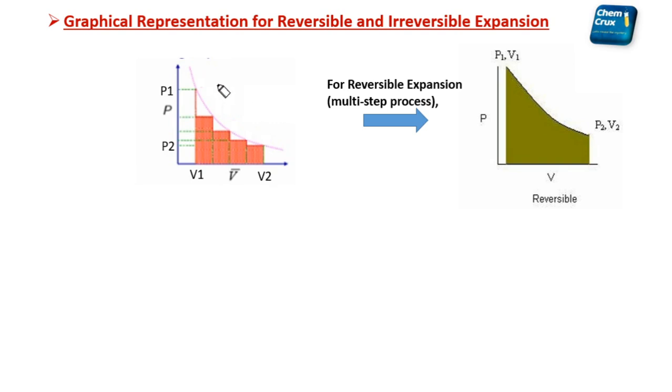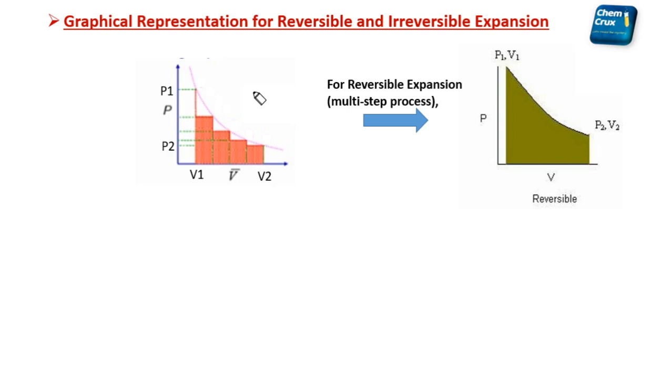So suppose from point A to point B, pressure has decreased from P1 to P2 and volume has increased from V1 to V2. And as we know, in reversible processes, the process is carried out in several small steps. That is a multi-step process. We can see that here the change has been carried out in 4 small steps.